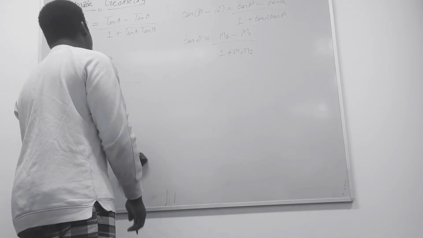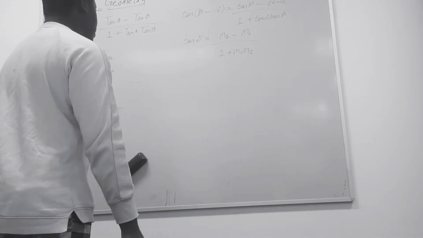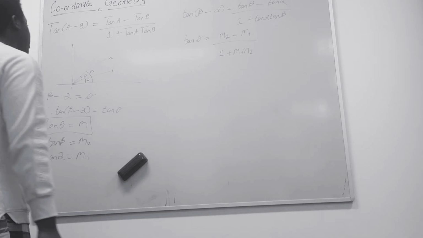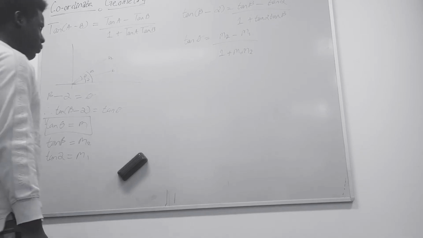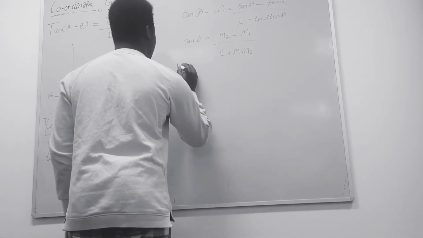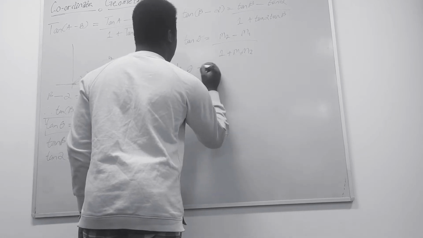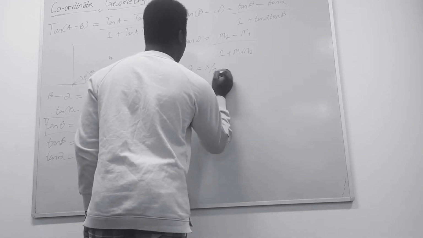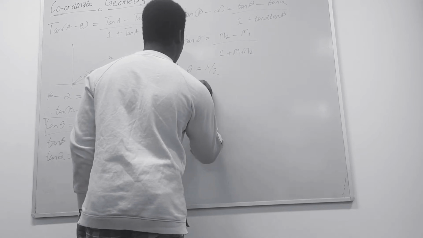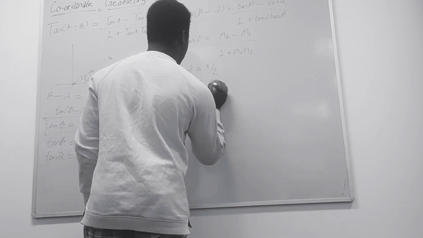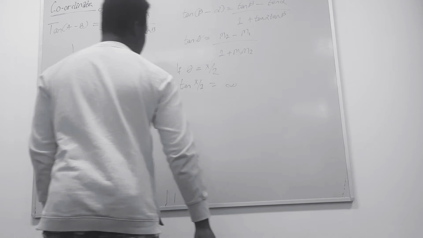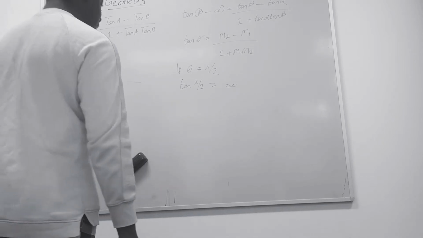If the angle between L1 and L2 was phi equal to pi over 2, tan pi over 2 is equal to infinity.